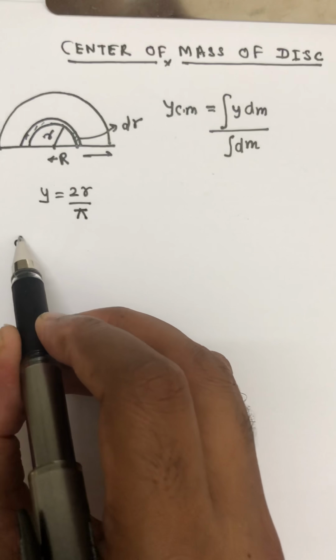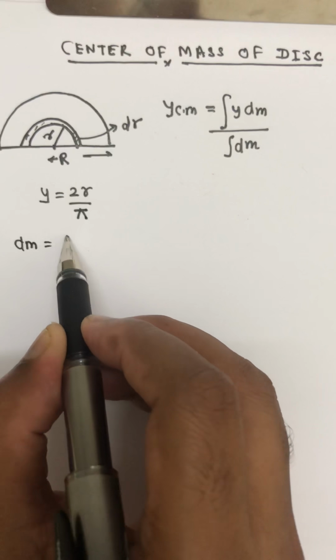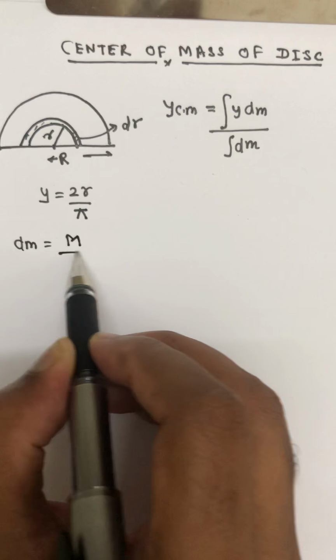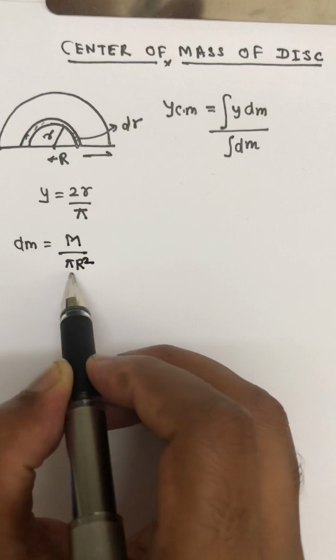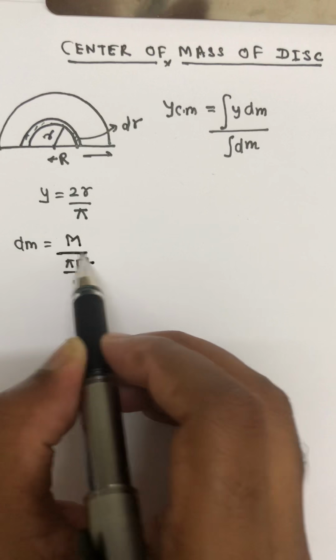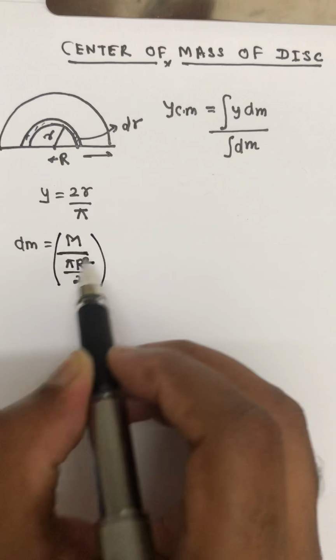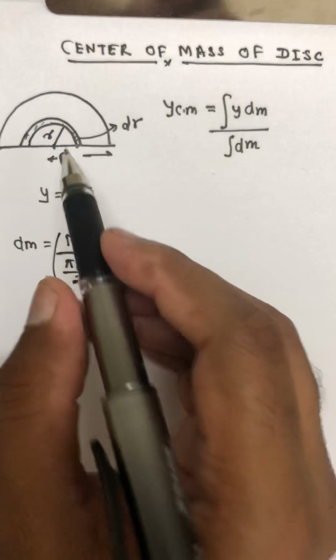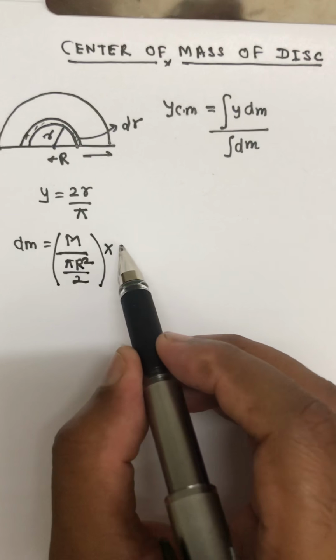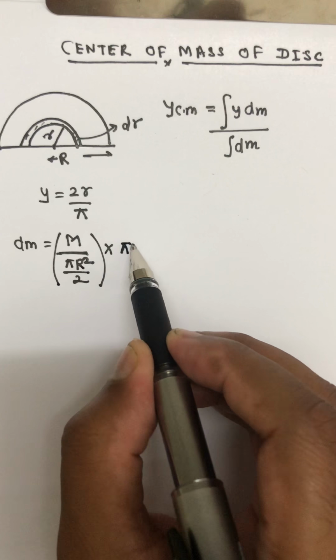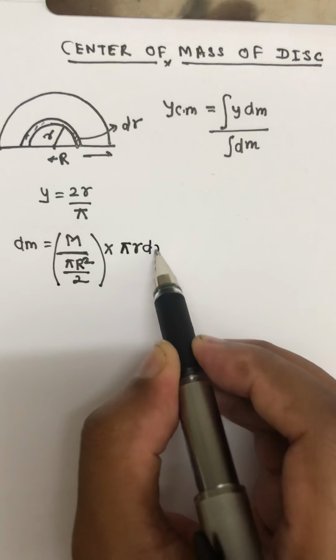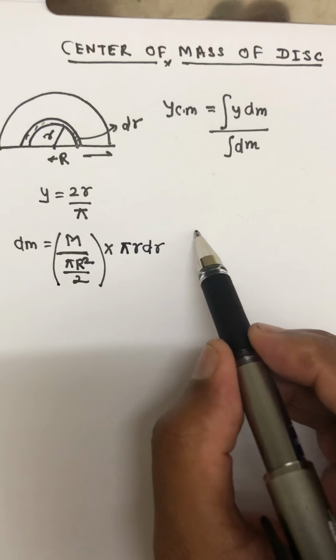Now what will be dm? dm is equal to mass divided by total area, which is the area density, multiplied by the area of this ring. So the area of this ring will be pi r dr. How will the area of this ring be pi r dr?